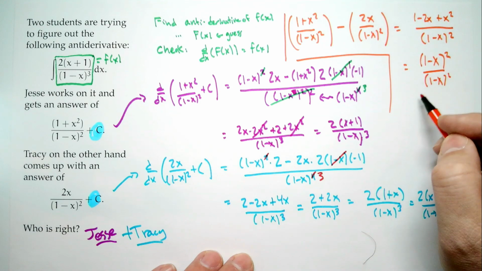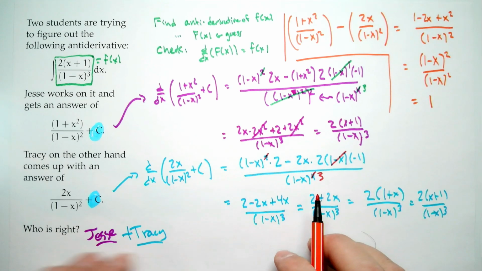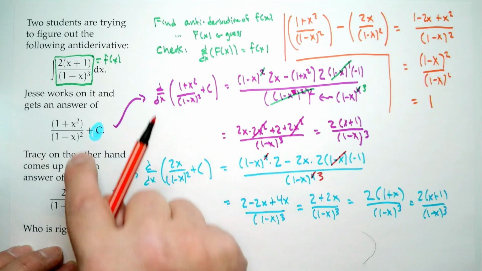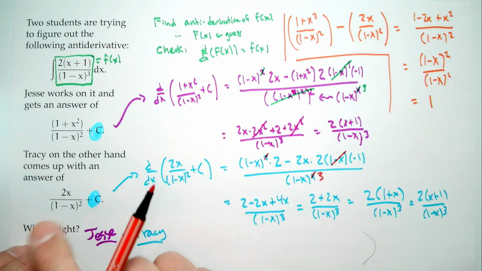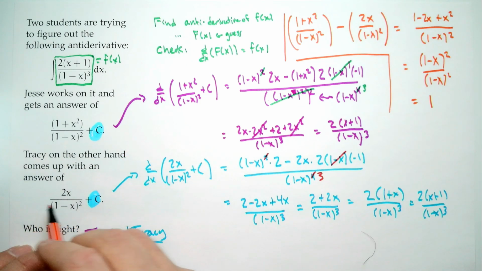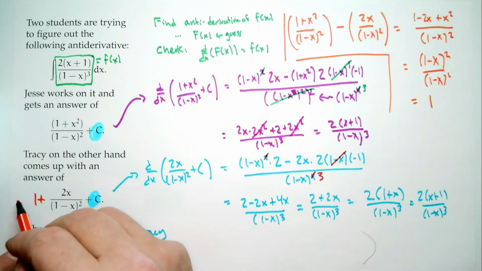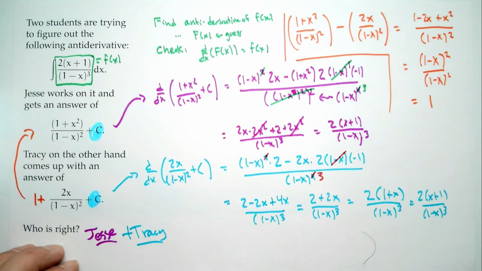And so what's happening is that these two functions differ by a constant. So it turns out if I added 1 to this function here, so if I put a 1 plus, that would result in this function there.